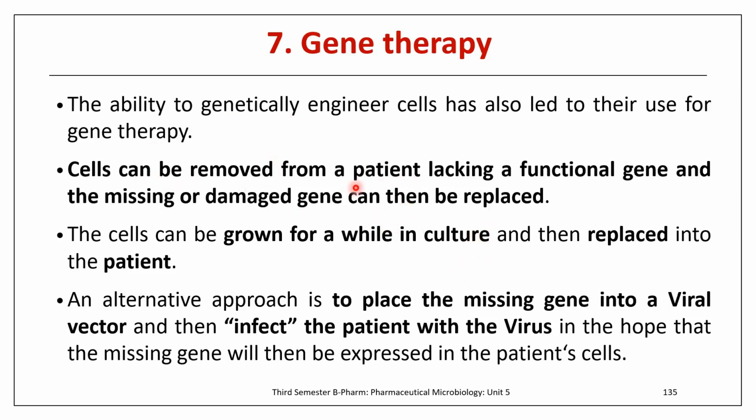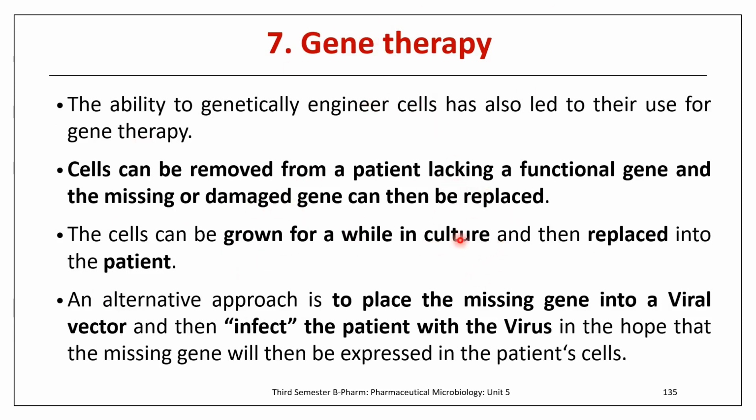So the cell can be removed from the patient lacking some functional gene, and the missing or damaged gene can be replaced by this kind of cell line studies. The cell can be grown for a while in a culture and then replaced into the patient. So this is what we will do in gene therapy.